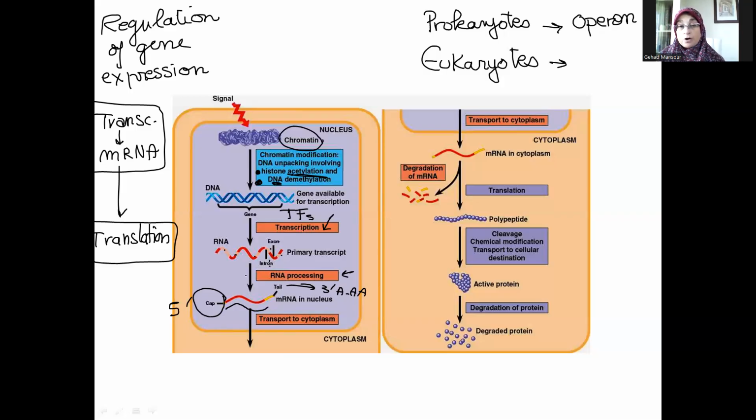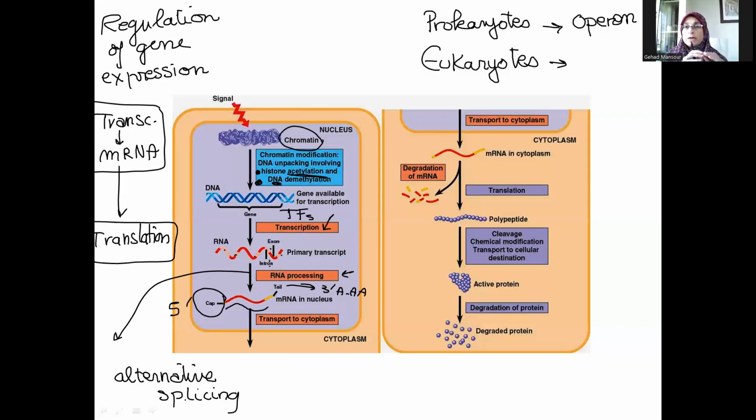At this level of RNA processing, we also have a very important process that is called alternative splicing. And alternative splicing is one important method of changing the way we remove introns from messenger RNA, resulting in obtaining different isoforms or lengths of the messenger RNA, as we will be seeing on the next slides.